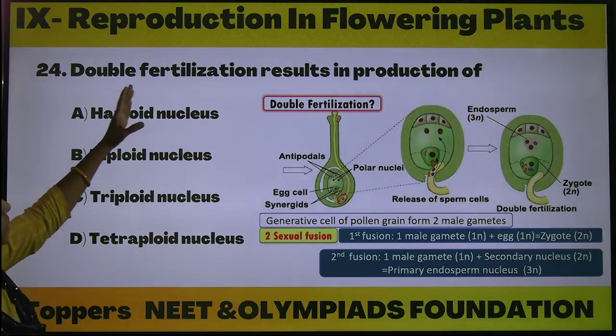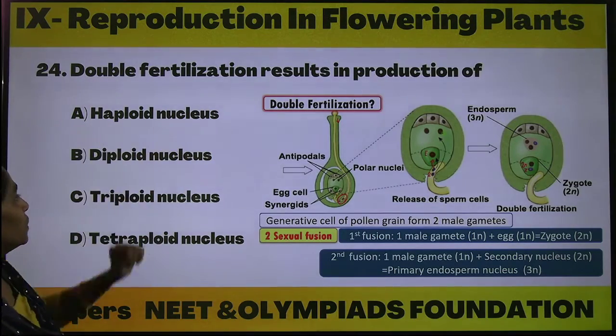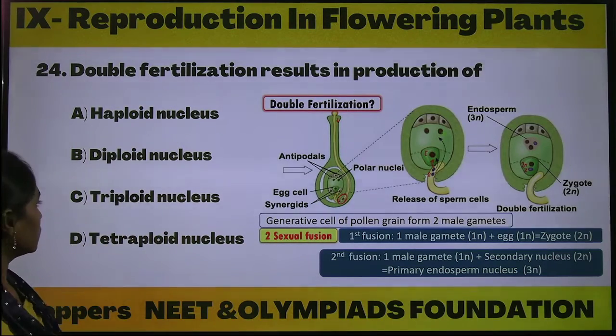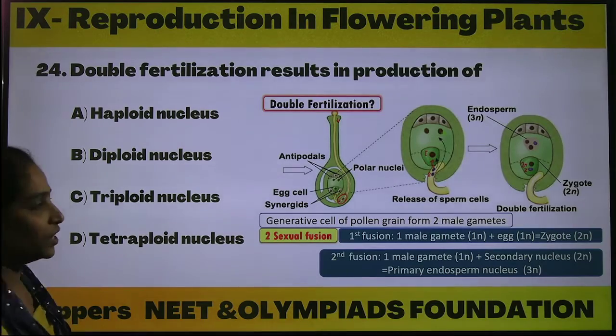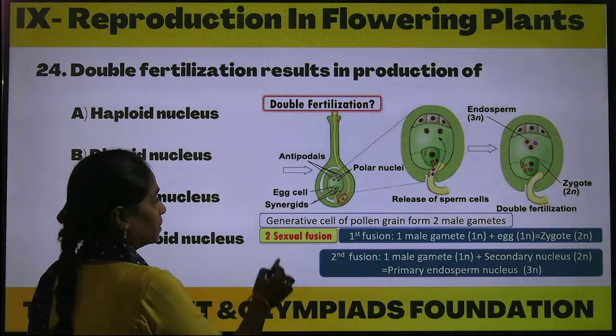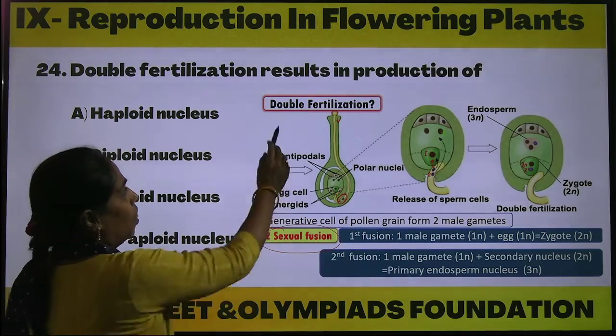The options are haploid nucleus, diploid nucleus, triploid nucleus and tetraploid nucleus. Here the picture indicates the first sexual fusion and the second sexual fusion.